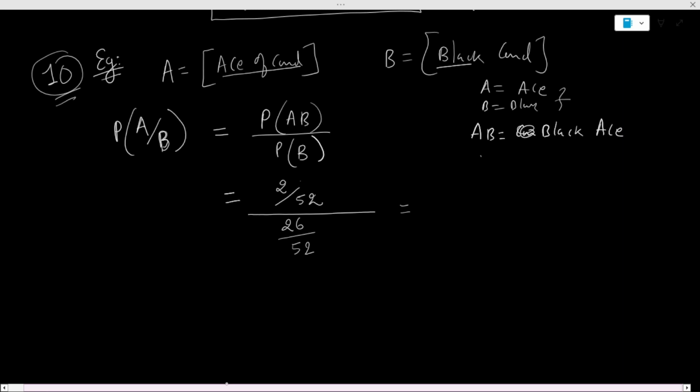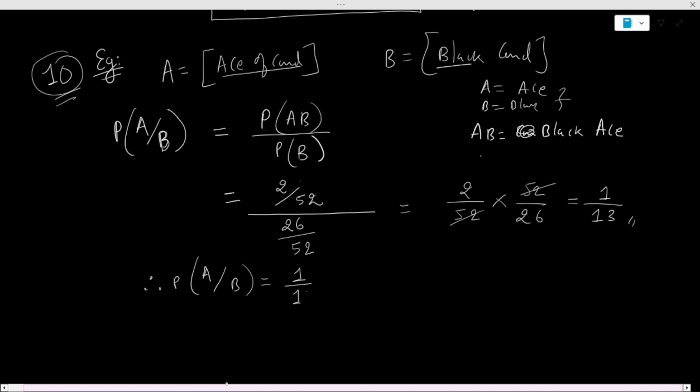If we operate it properly, we get 2 by 52 into 52 by 26, and if we cancel it out, we get 1 by 13. Therefore the probability of getting an ace if the card is black is equal to 1 by 13. This is our conditional probability.